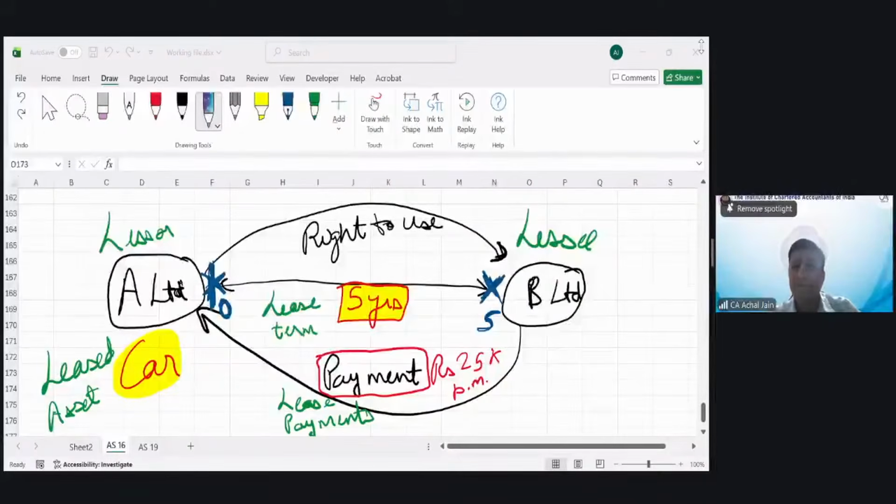Residual value is the value of an asset, which relates to its useful life. In that useful life we calculate the residual value. Whatever we name for that is called residual value. Okay, very good. Anyone else who would like to add to this? What is residual value?